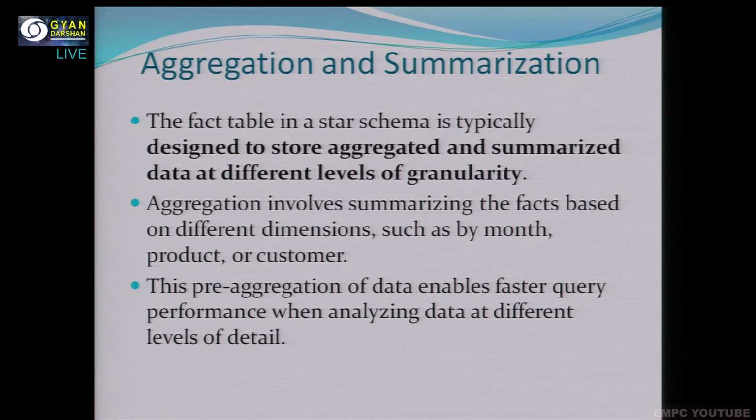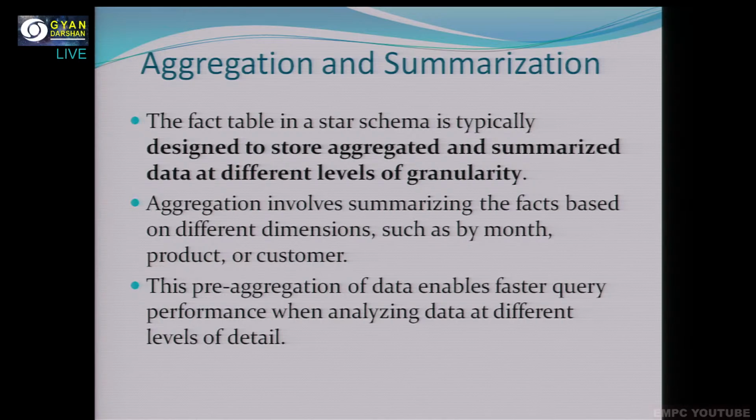Then comes aggregation and summarization. The fact table in a star schema is typically designed to store aggregated and summarized data at different levels of granularity. This is the basic thing that one needs to understand with respect to aggregation and summarization. Each and every fact table is not a detailed table.